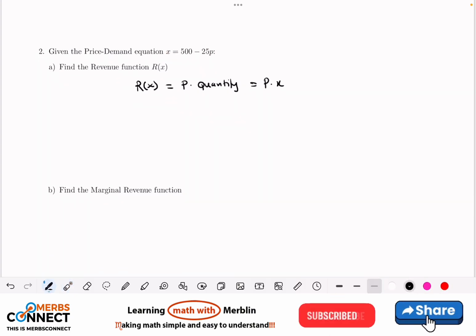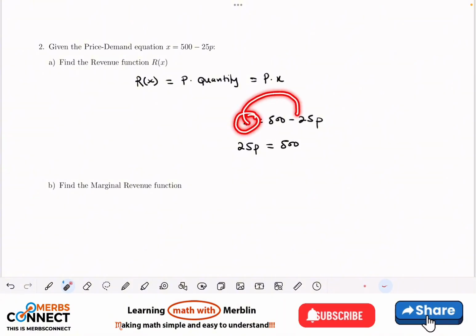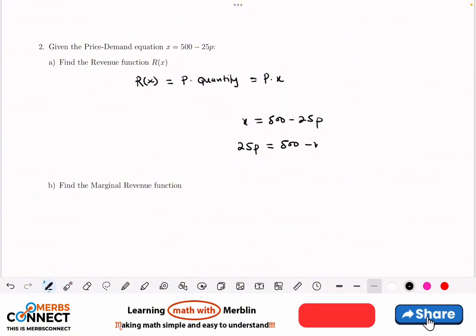So when I pick x is equal to 500 minus 25p, then I'll make p the subject, right? So what I'm going to do is I'll move this one here and then I'll move this one also here. So when I move negative 25p to the left side, I'm going to have it be positive, which is equal to, I'll maintain the 500 and then move the x to the right side, which is going to give us negative what?